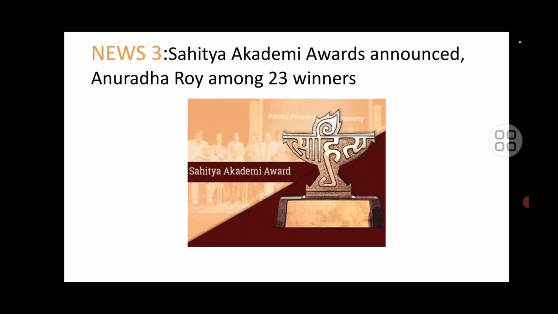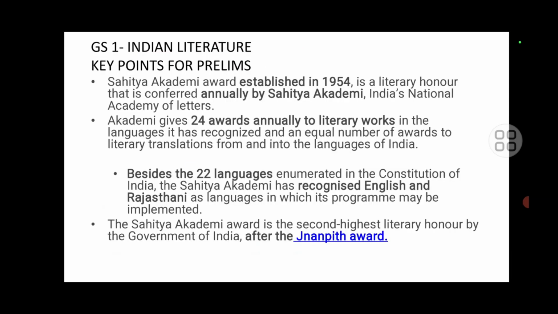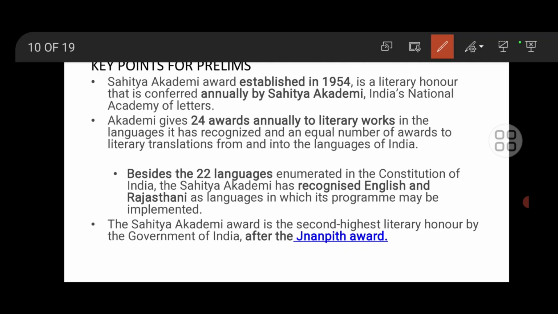Then Sahitya Akademi Awards announced, with Anuradha Roy among 23 winners. This comes under GS1 Art and Architecture, Indian Literature. For prelims you need to know the basics about the Sahitya Akademi, which was established in 1954. It is a literary honor, given annually, and is said to be India's National Academy of Letters.